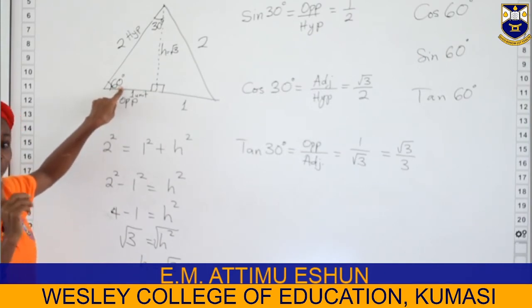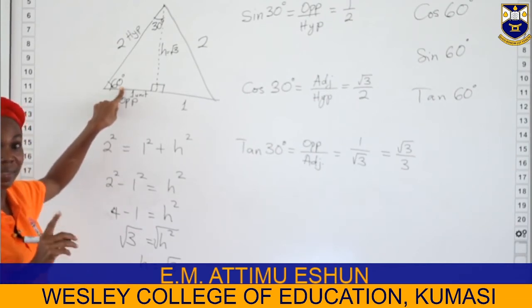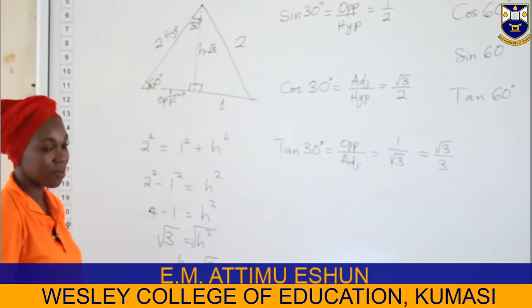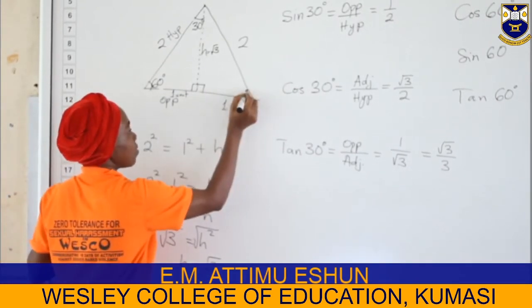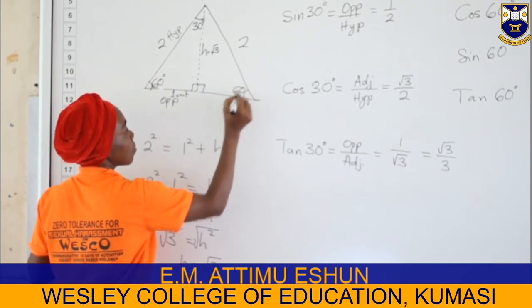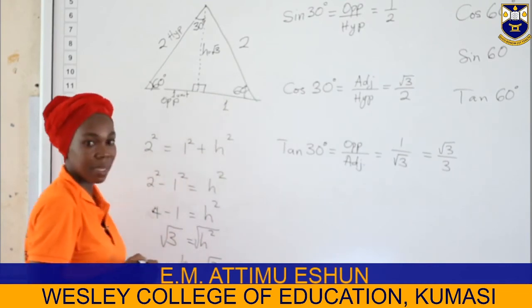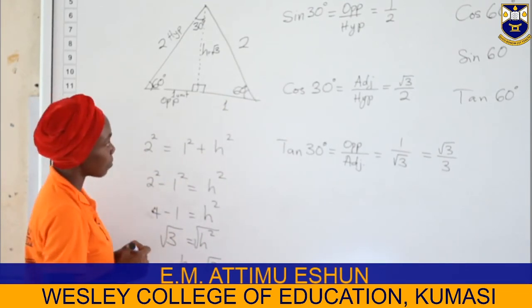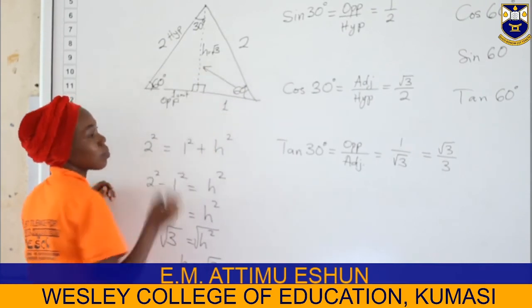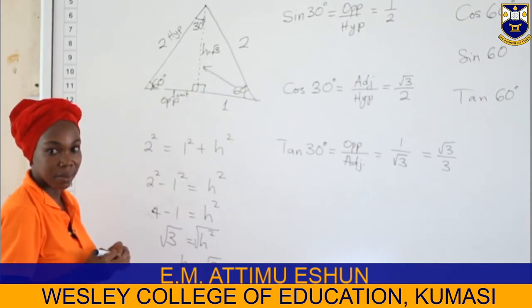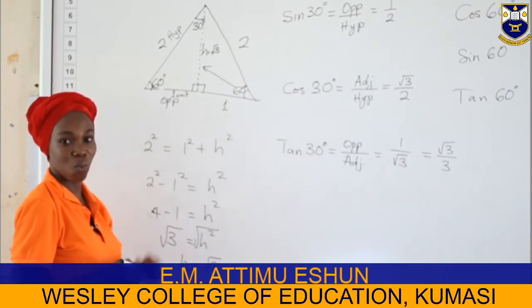And so the opposite and the adjacent side will be different from what we have here on the board. And so let's quickly take our angle 60 from here. What then will be our adjacent side and what will be our opposite side? The opposite will now be that height, which is √3. And the adjacent will be 1.